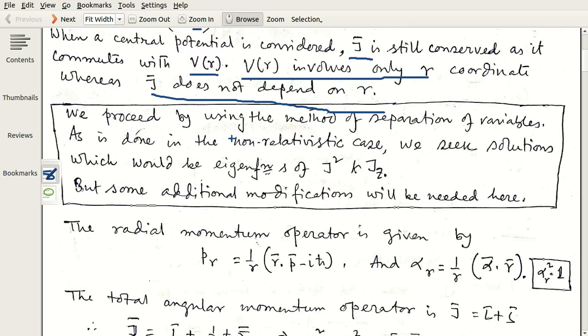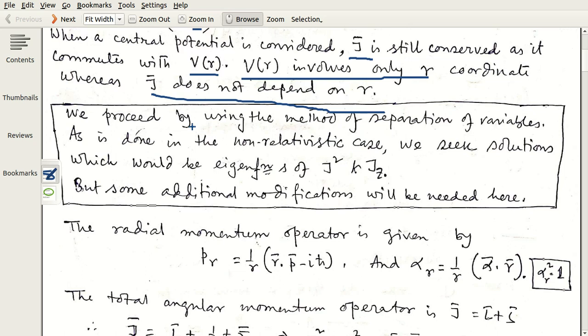The grad square was expanded in terms of r, theta and phi, and that theta phi part in the non-relativistic case was replaced by the L square operator, the orbital angular momentum operator. And then we used the method of separation of variables for solving the radial part, and for solving the spherical harmonics corresponding to the angular part.